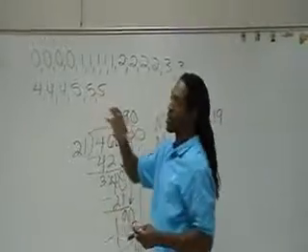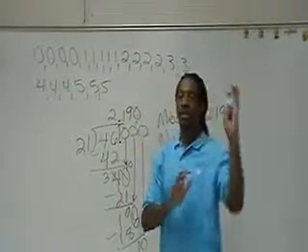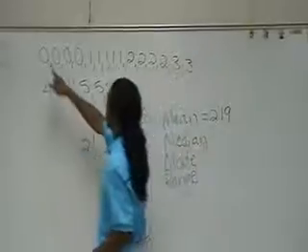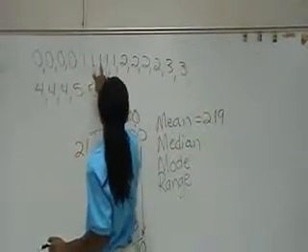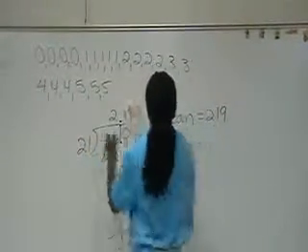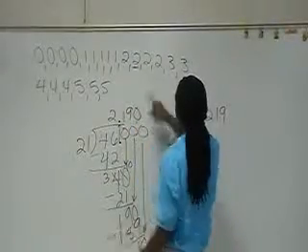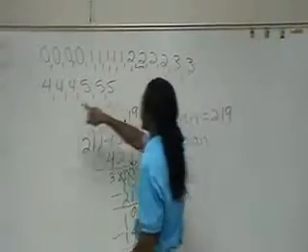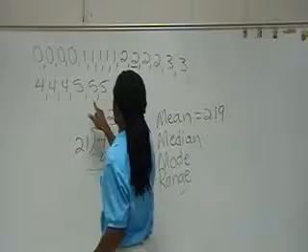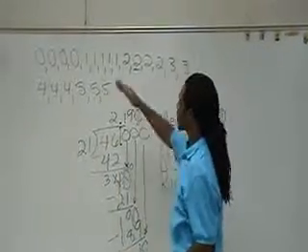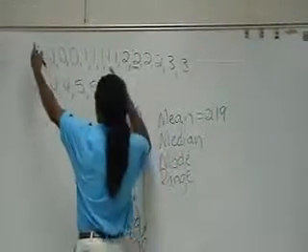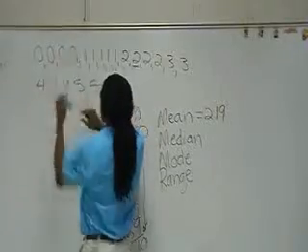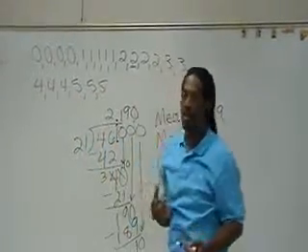To find our median, we find the middle number. There are 21 numbers, so that will put 10 on each side. 1, 2, 3, 4, 5, 6, 7, 8, 9, 10. That's the middle, and we should have 1, 2, 3, 4, 5, 6, 7, 8, 9, 10. Now if we want to go from both ends and mark out until we reach the middle, that's fine.